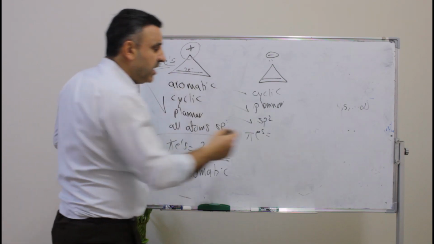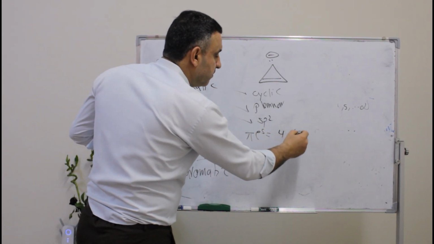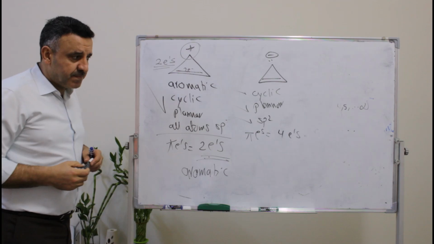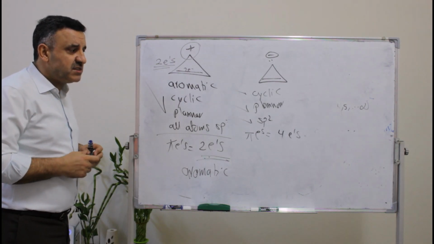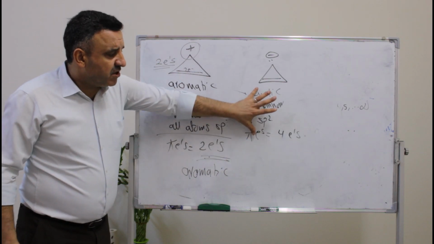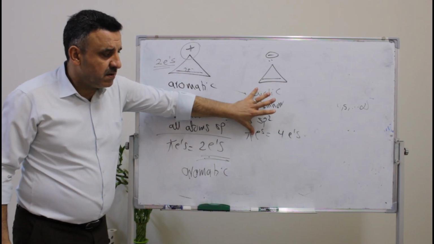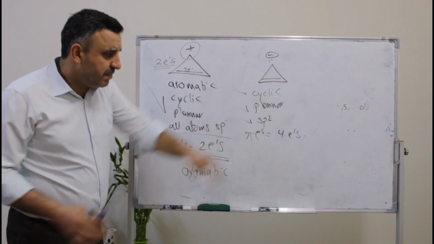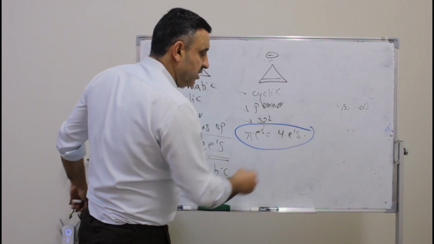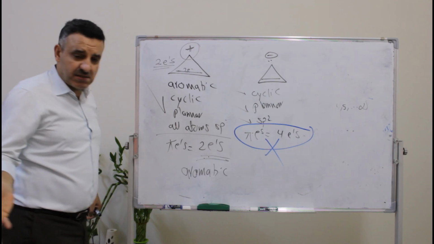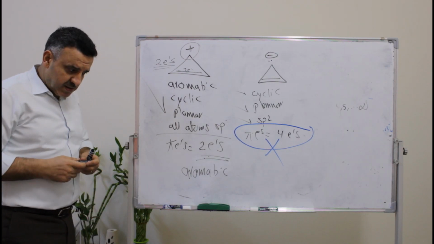So the total here is 4 electrons. Do you follow me? So is this aromatic or not aromatic? Not. Why? Because the number of pi electrons does not fulfill Huckel's rule. So this is not aromatic. That's it. Do you follow me?